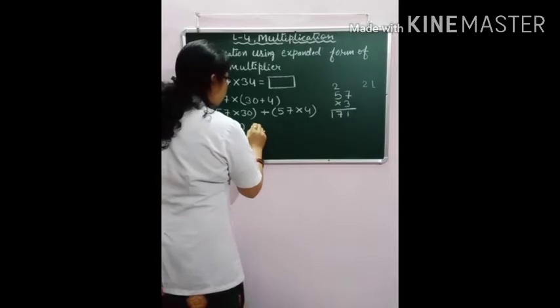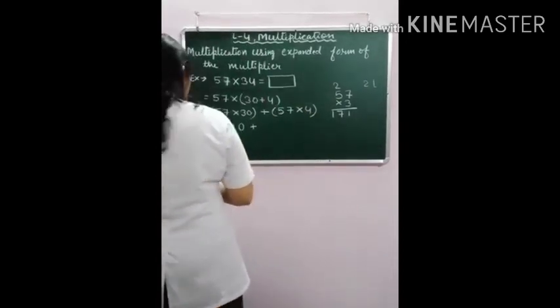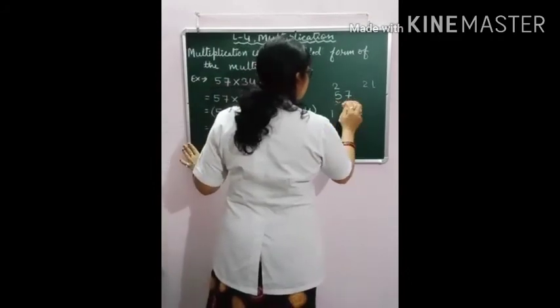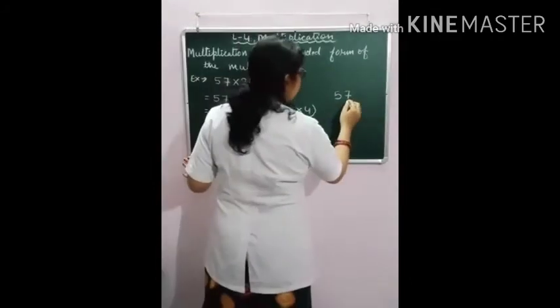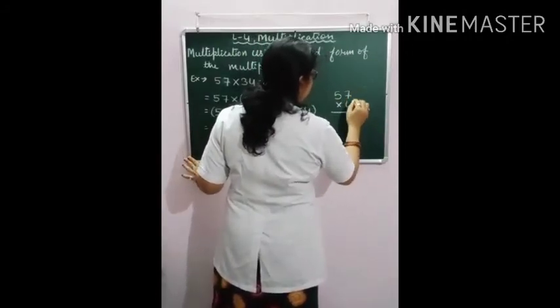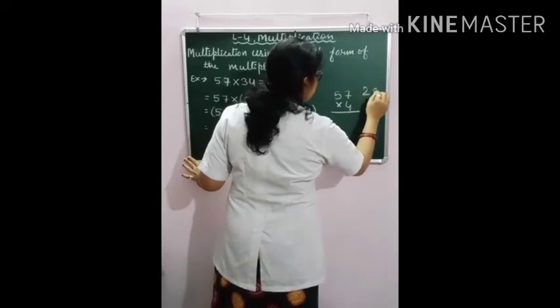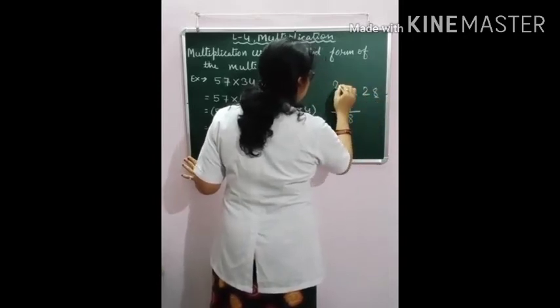Now put the plus sign and now again multiply 57 by 4. So 57 into 4. 4 7s are 28. We will write 8 at the ones place and 2 will be carried forward to the next place.